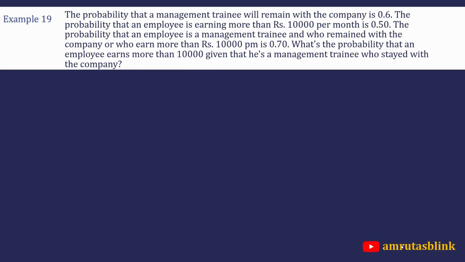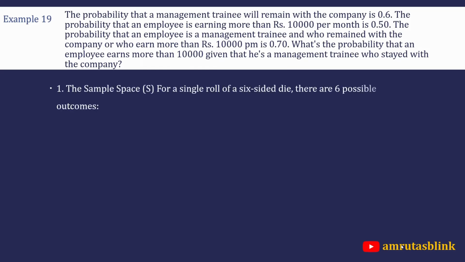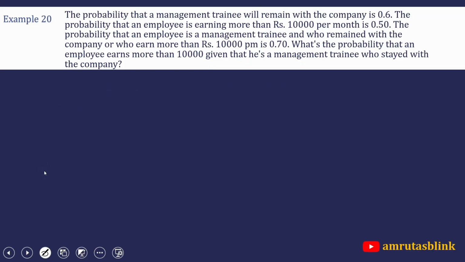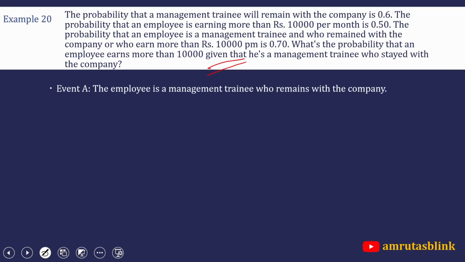What's the probability that an employee earns more than 10,000 given that he is a management trainee who stays with the company? Now whenever you have this word given that, it is a case of conditional probability.